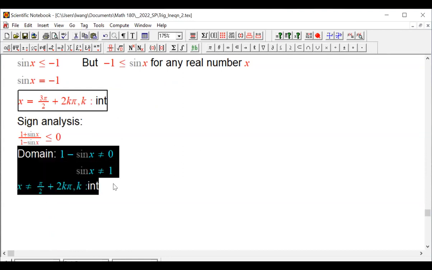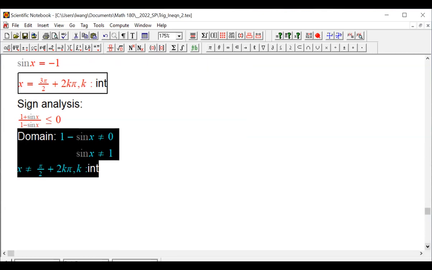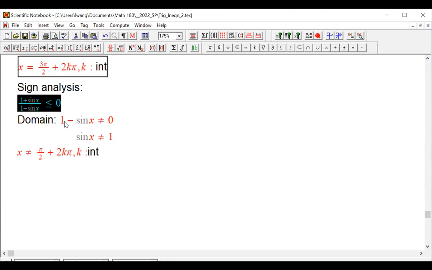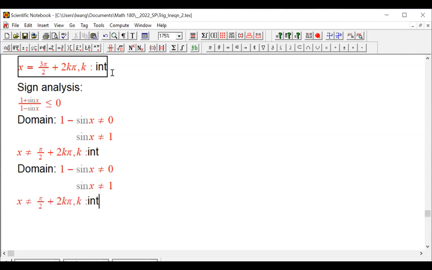Once the domain requirement is satisfied, then you can talk about the sign. But the thing is that 1 plus sine x, as we said earlier. So the primary thing we did here is, let's write it this way.